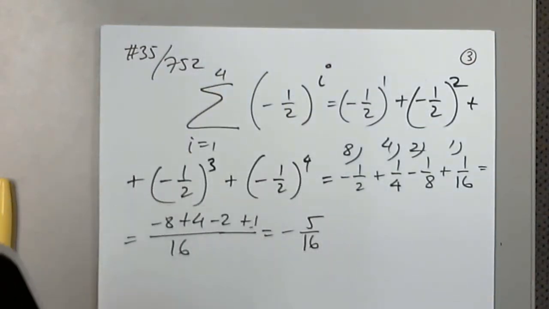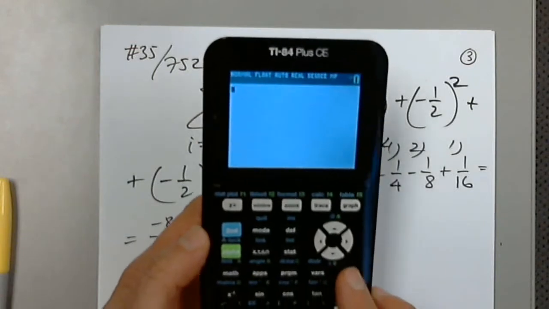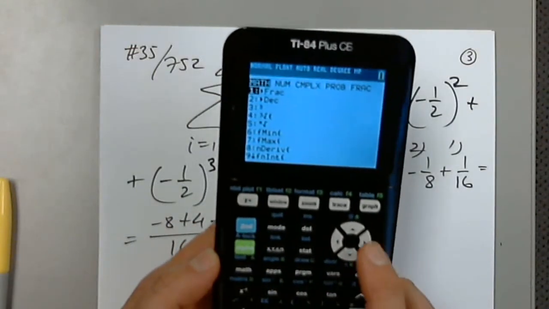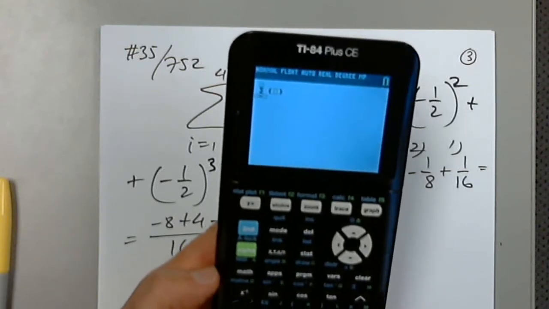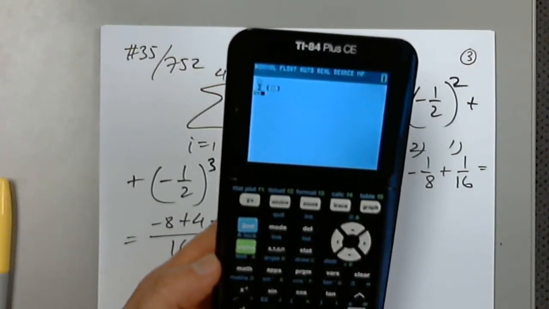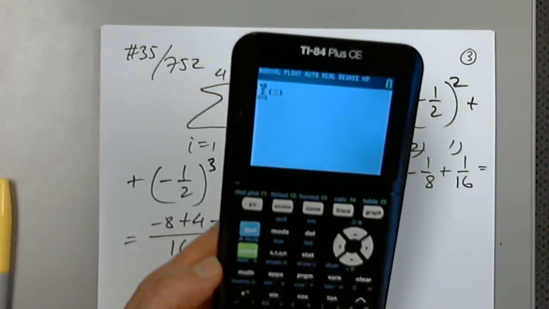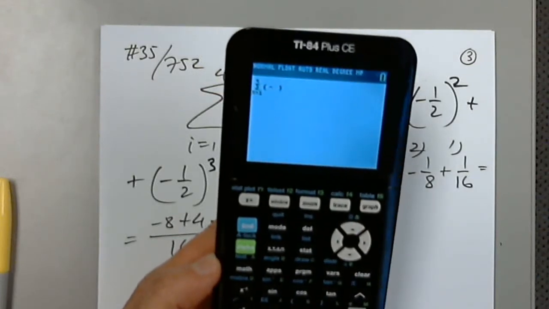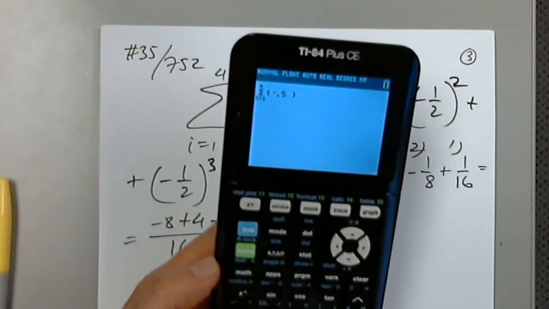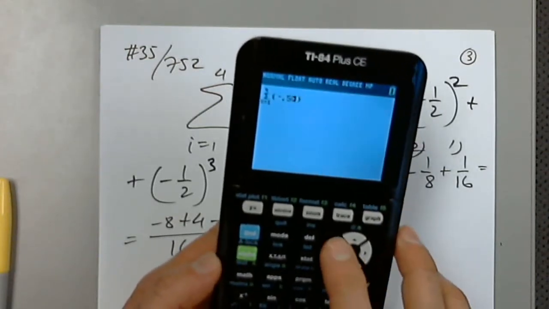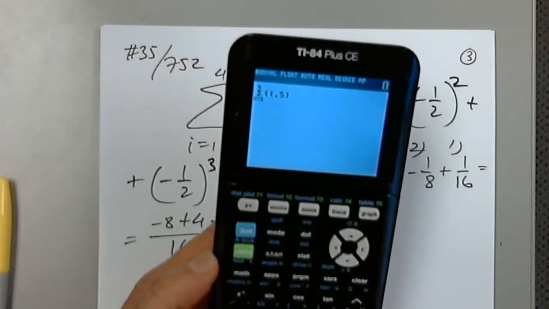Why with this software I get what I get, I don't know. Maybe it's the difference between the... Let me also try this with the sum. Okay, so x, 1, 4, negative 0.5. Maybe I should put that in parentheses again. Let me try this. Maybe that's what it doesn't recognize.